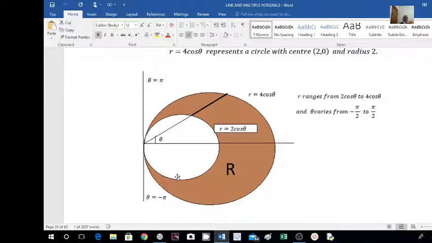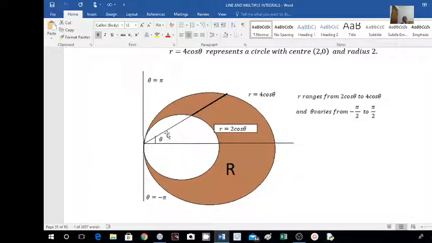This is the circle whose center is 1 comma 0, at this point, and radius is equal to 1. And one more circle is there, r equal to 4 cos theta, whose center is 2 comma 0. The center of the bigger circle is here, 2 comma 0, and radius is 2a, which in this case is equal to 2.